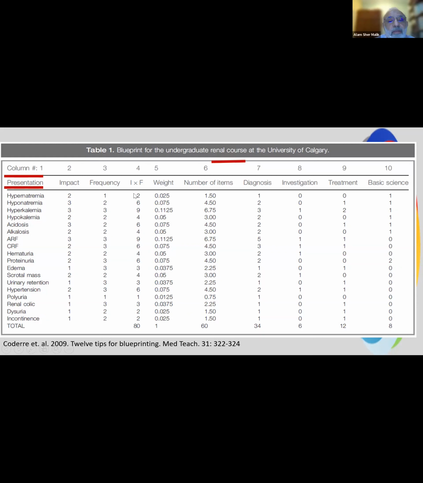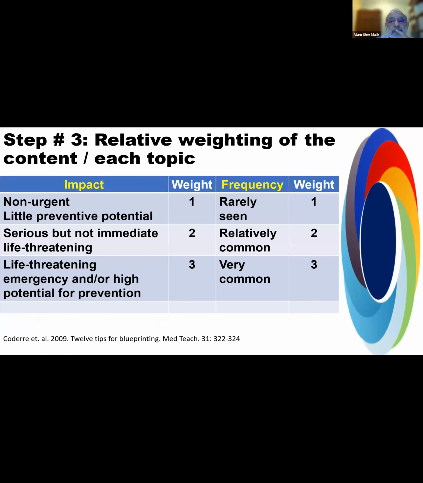So here we calculate the weight, and based on that, the next step is the number of items. How do we calculate that? The next table would explain it in a better way. Before that, we need to understand what impact is and what frequency is.